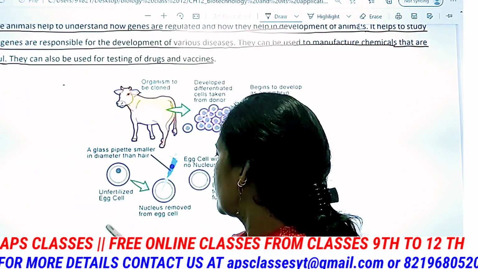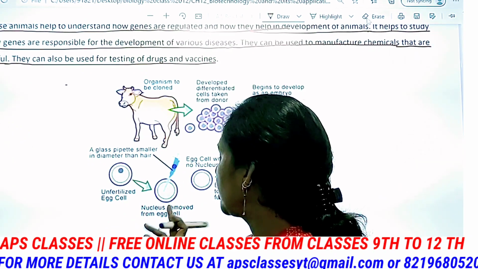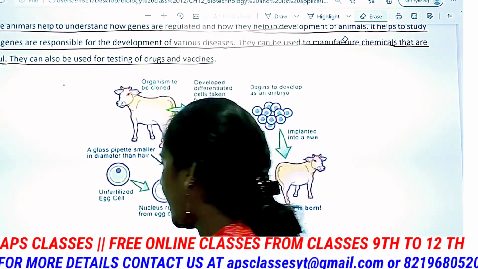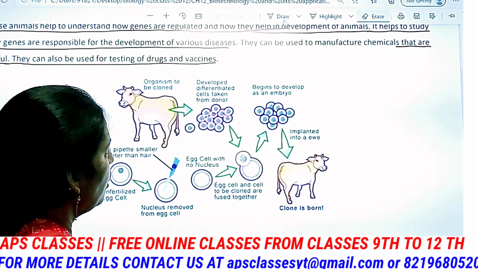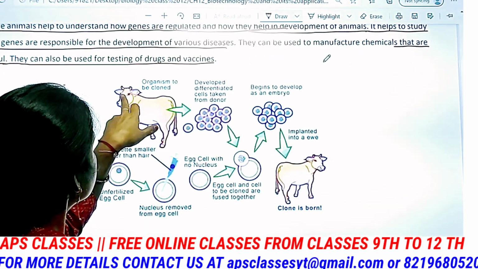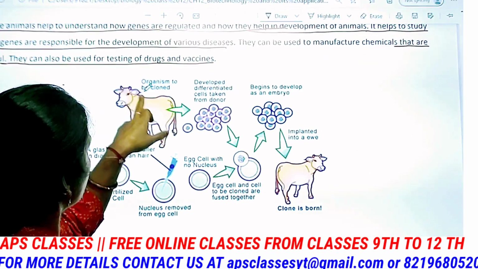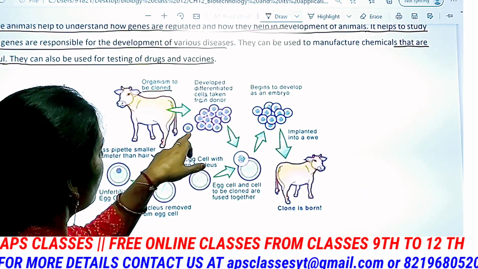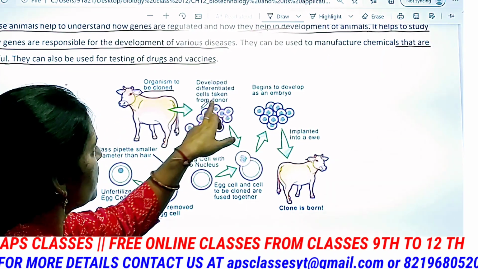So this is the picture of the transgenic animals and how these transgenic animals are produced. These are the organisms to be cloned, and these are the differentiated cells.